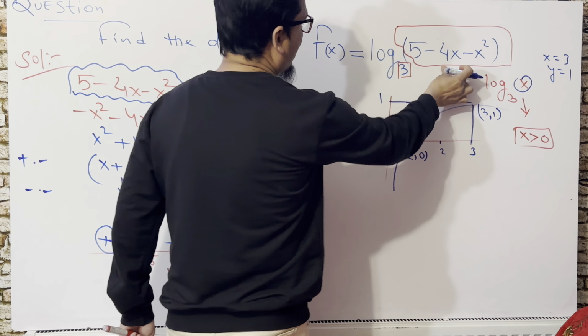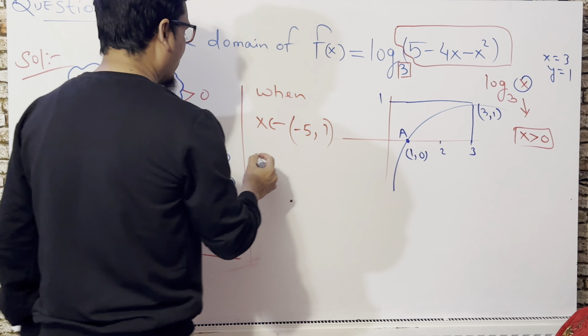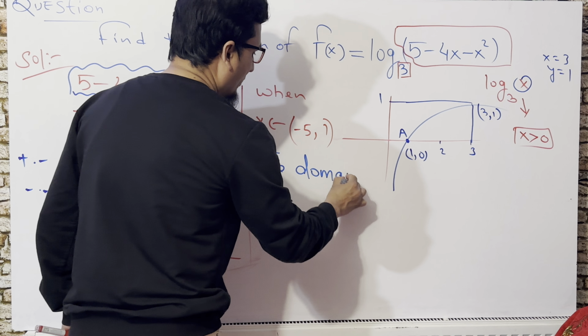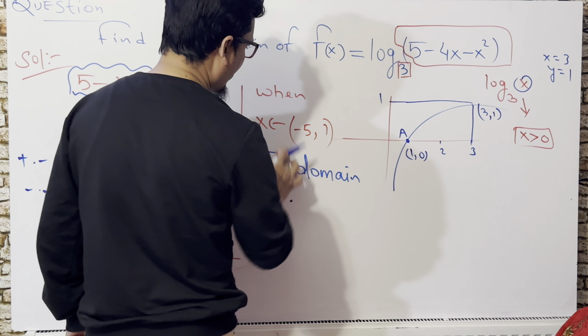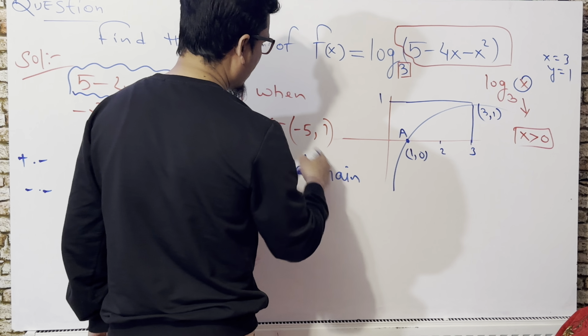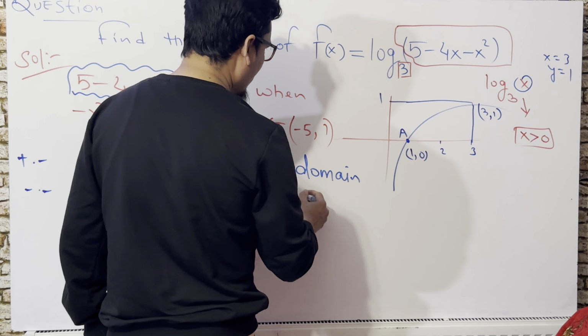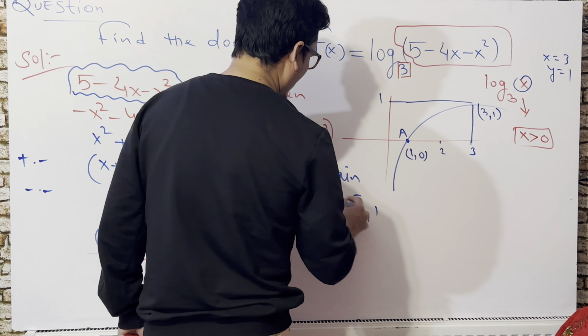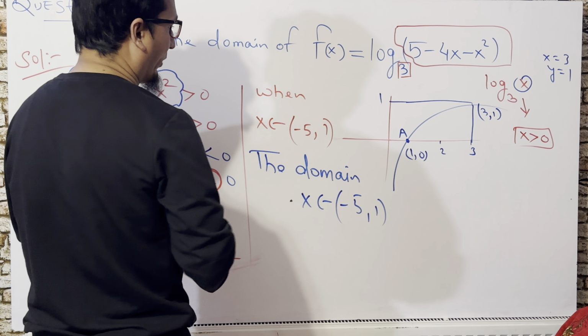And when this is greater than 0, the function exists. So we can say the domain is x belongs to minus 5 to 1. This is your domain, right?